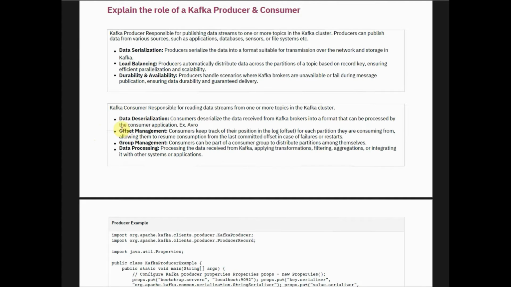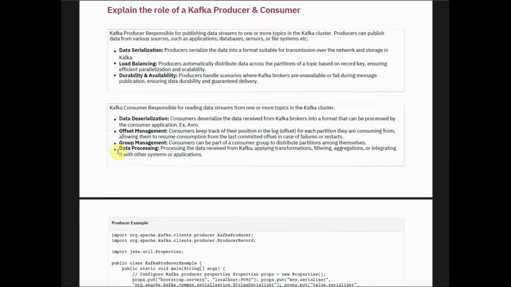Consumers keep track of their position in the log, or offset, for each partition they are consuming from, allowing them to resume consumption from the last committed offset in case of failures or restarts. Third is group management. A consumer can be part of a consumer group to distribute partitions among themselves. Within one consumer group, there can be multiple consumer instances, and that bunch of consumer instances is called a group, and partitions of a topic can be distributed across these instances.